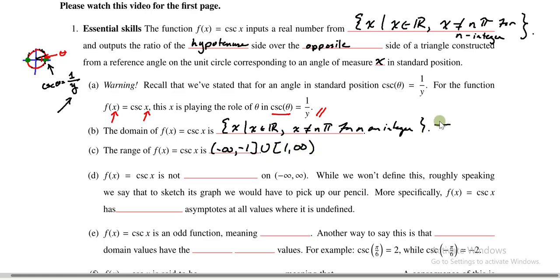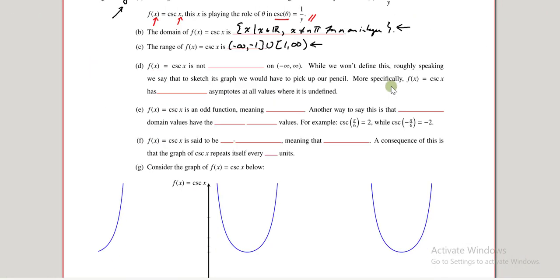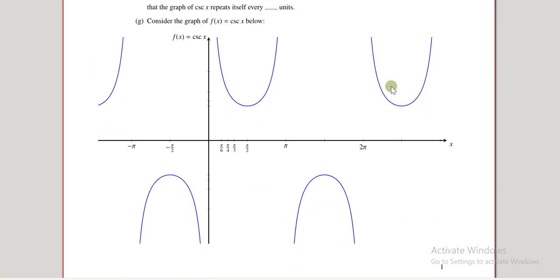I chose to do this in set builder notation because we have infinitely many points we need to eliminate. This was easier to write than the traditional interval notation. So before we go any further, let's go look at the graph of that cosecant function and see how we construct it.